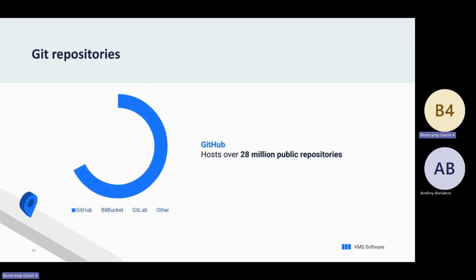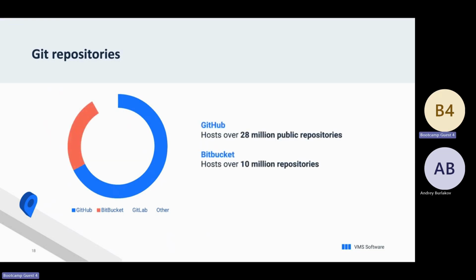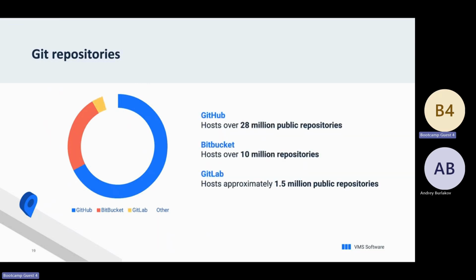We have done some investigation regarding the count of Git repositories worldwide, and we found out there are a lot of public repositories. For example, GitHub keeps about 28 million public repositories. Bitbucket has 10 million repositories, and GitLab 1.5 million public repositories.